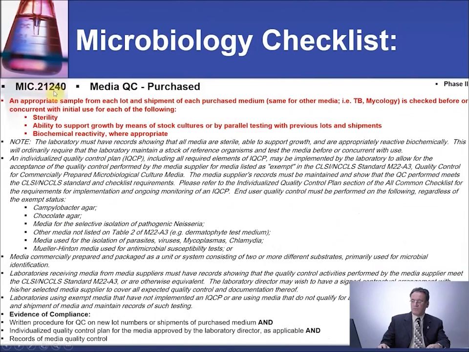In micro 21240, media QC purchased, as appropriate, you need to take a sample from each lot and shipment of each purchased media. You need to check it before the initial use for each of the following: sterility, ability to support the growth, and biochemical reactivity when appropriate, and you need to document that.